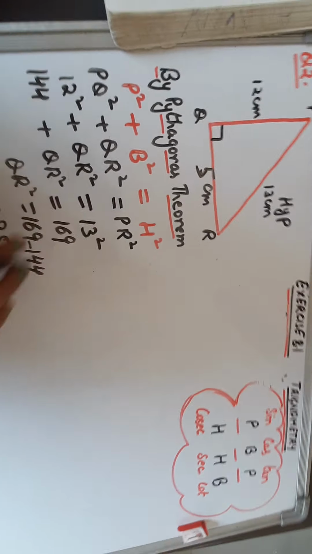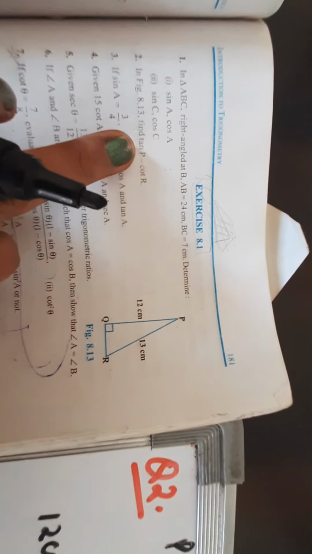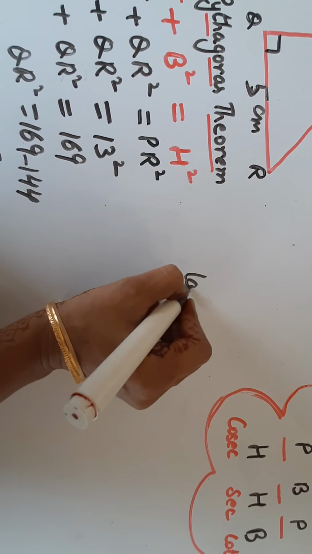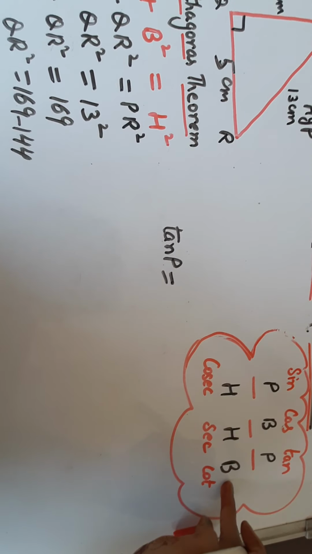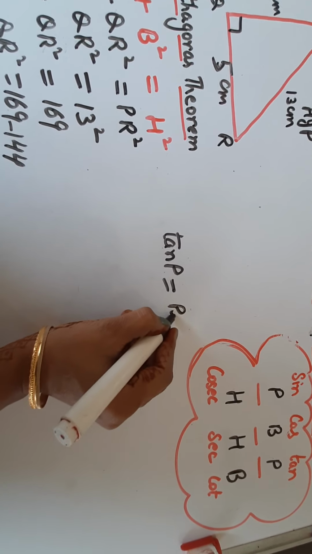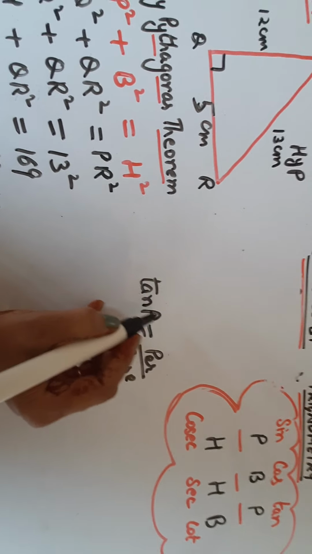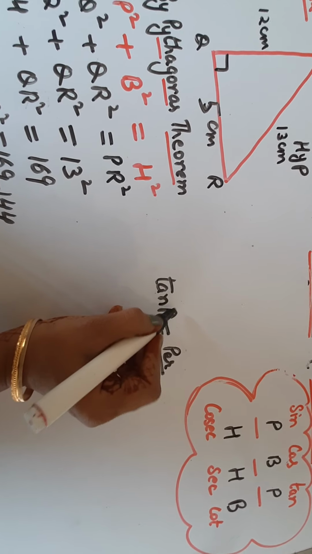So first step, Pythagoras. Now we have to find out tan P minus cot R. That means we need to find out the ratios first of all. So let us find the ratios. First of all, tan P. Tan is perpendicular by base, right? But now we have the second step, focus on the angle. Which angle is involved?